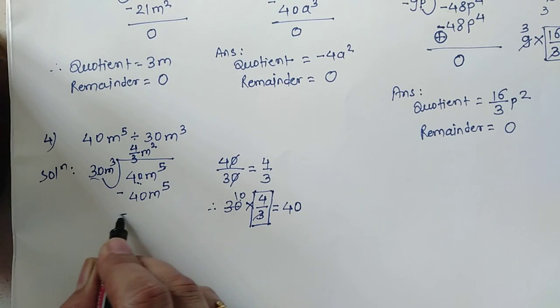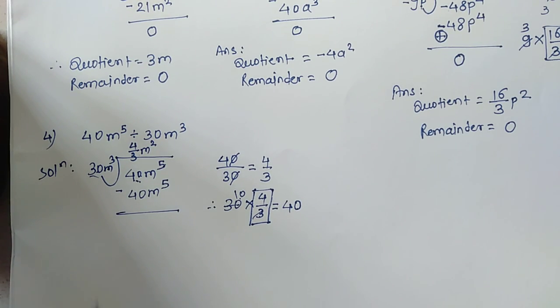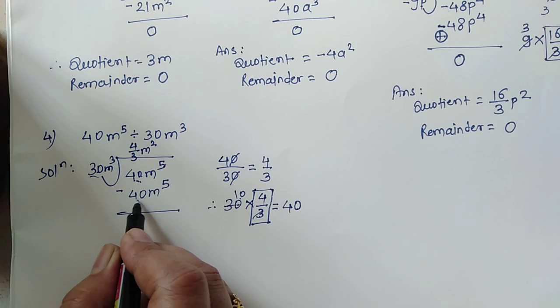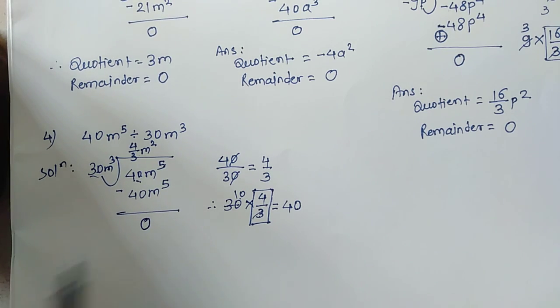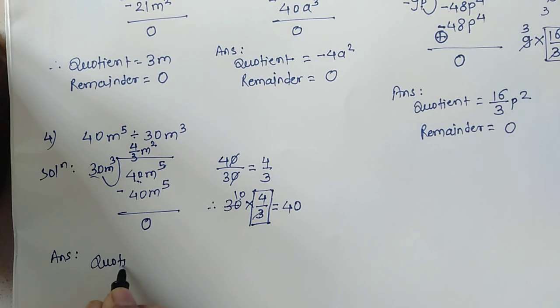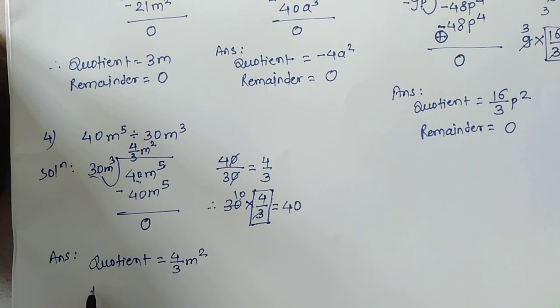Now take the subtraction here. So 40 m raised to 5 minus 40 m raised to 5 is 0. So write down answer. Quotient is equal to 4 upon 3 m square and remainder is equal to 0.